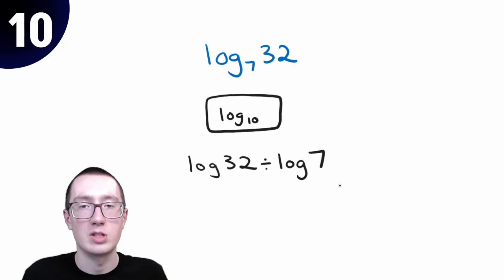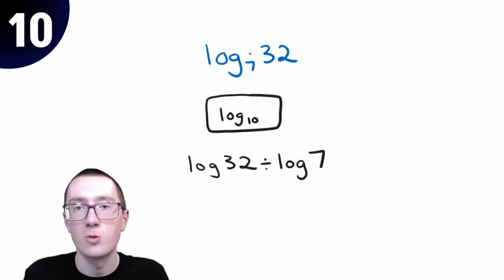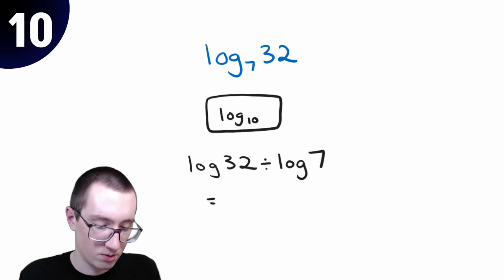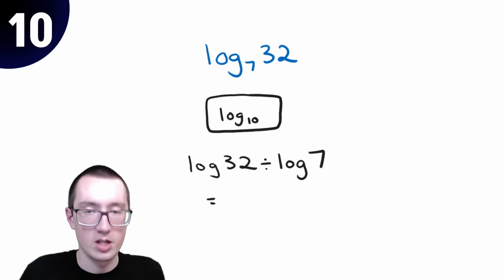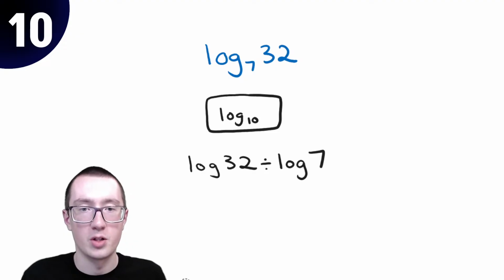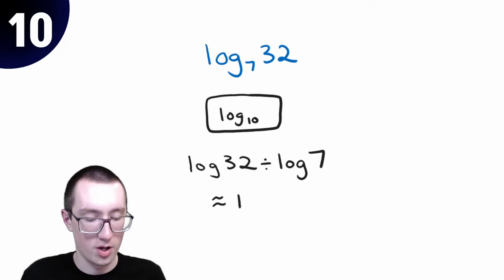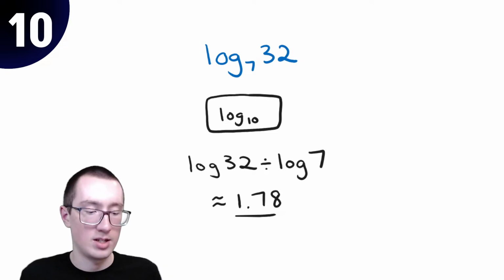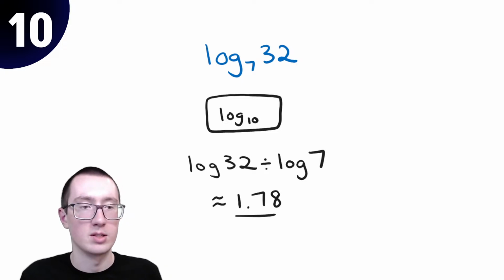And this is going to give you your log of 32 base 7. So if I put this in my calculator, it gives me about 1.78. And that would be your answer to that logarithm.